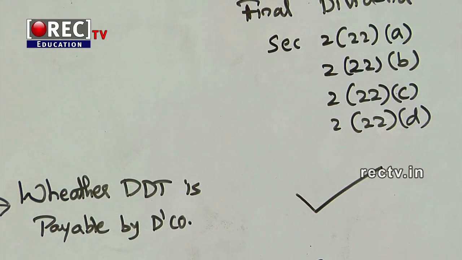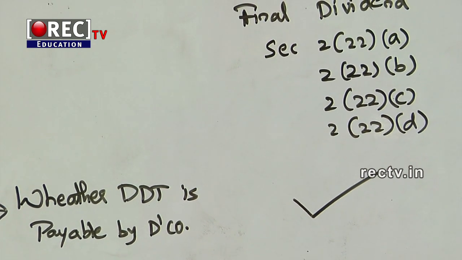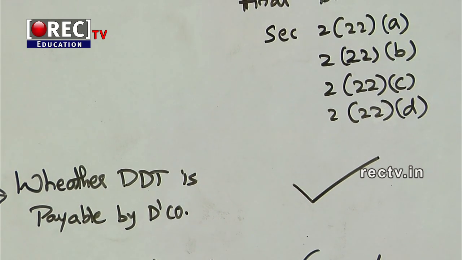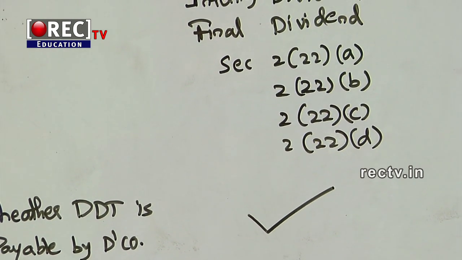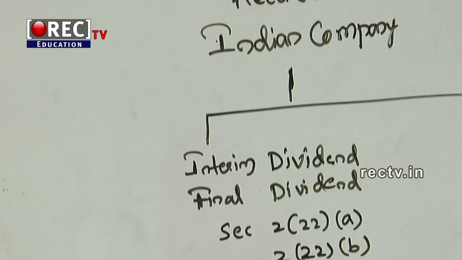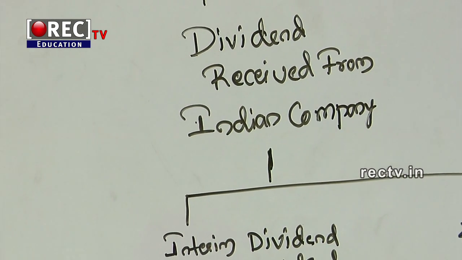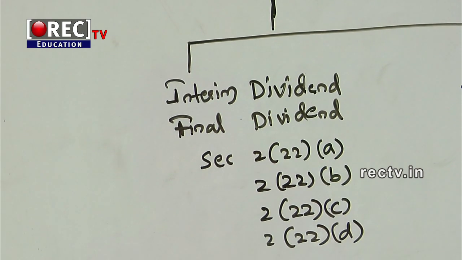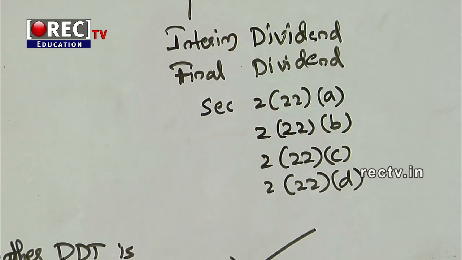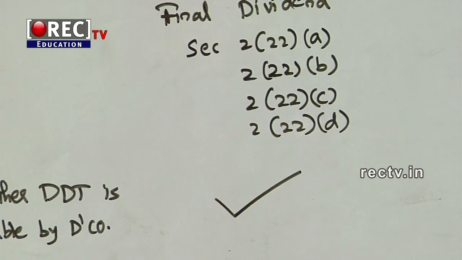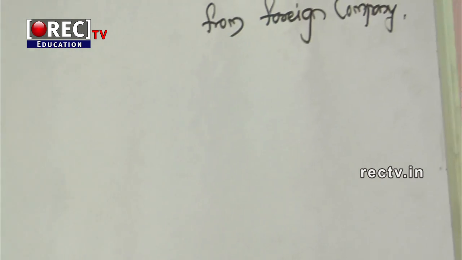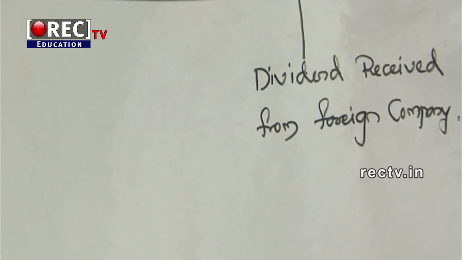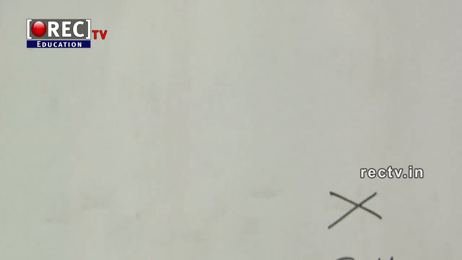Now, whether DDT is payable by the declaring company. For dividend received from an Indian company, in one part it is payable and in the other part it is not payable, and for dividend received from a foreign company it is also not payable.